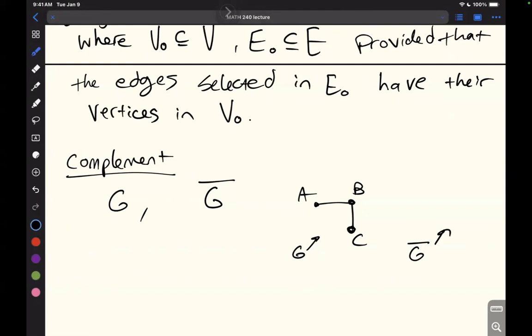Every edge that's not currently there will be there. So it's like we've completely flipped it. It's inversed. I still have the same vertices. I still have A, B, and C. But there was an edge between A and B. It's not going to be there. There was no edge between A and C, so it's going to be there now. And there was an edge between B and C, so that's not going to be there. So we've just completely inversed the graph. This is the complement.